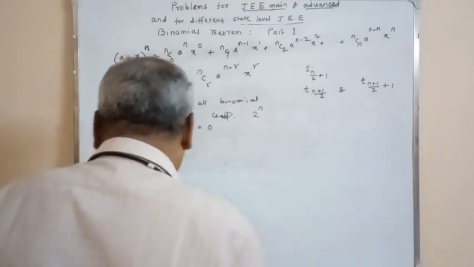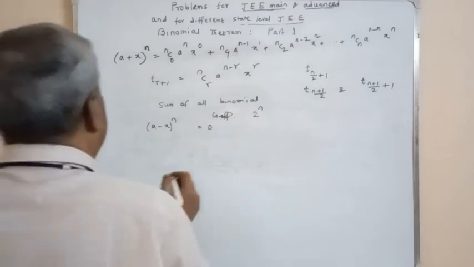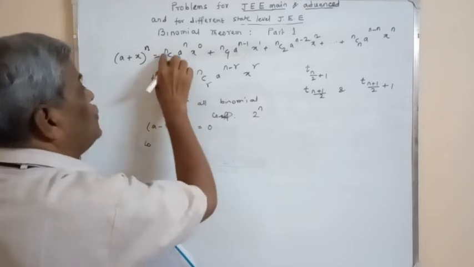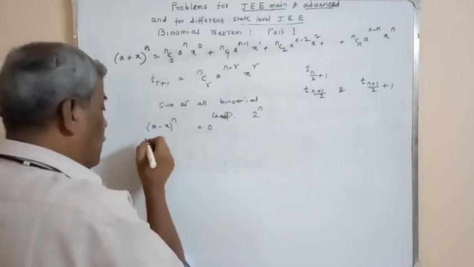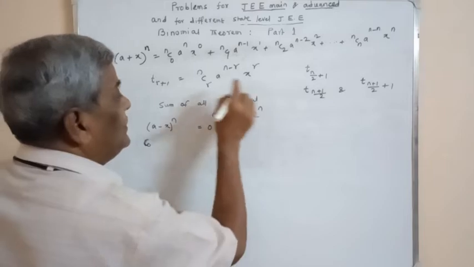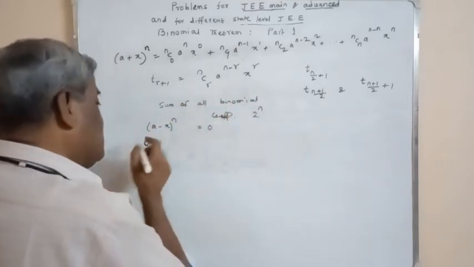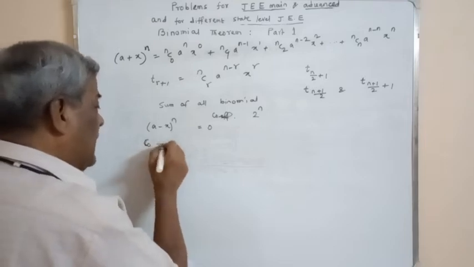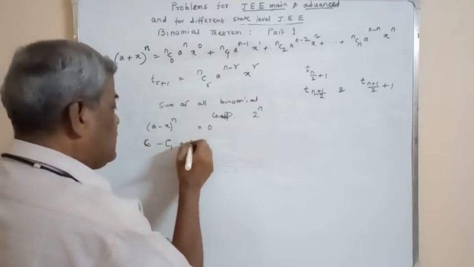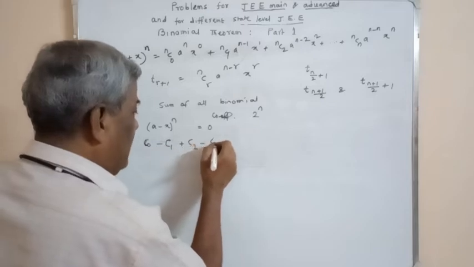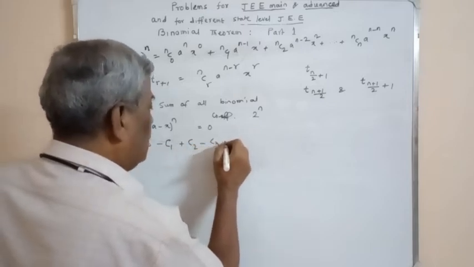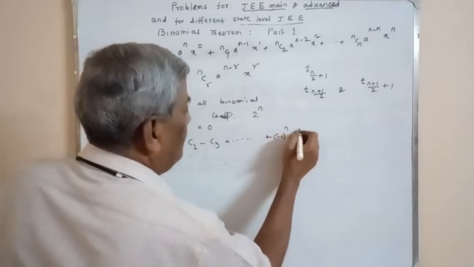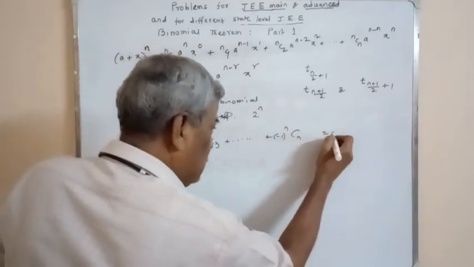From there, we can calculate C0, that is this one, and normally I write it as capital C0. It is actually C0 minus C1 plus C2 minus C3 and so on. This is equal to 0.